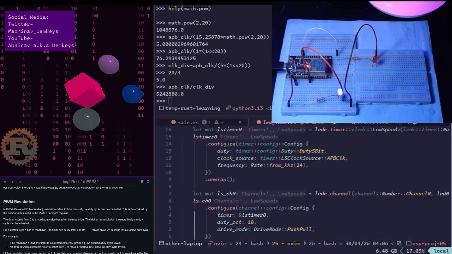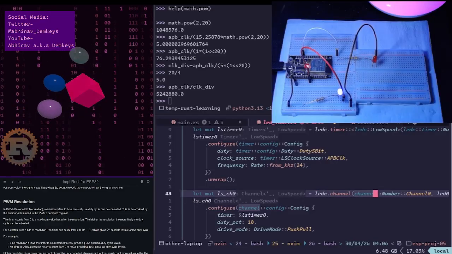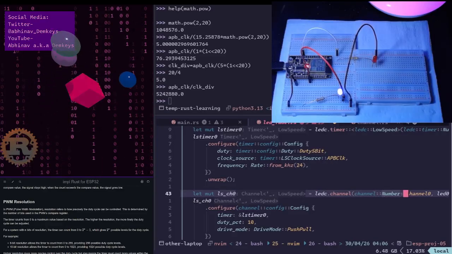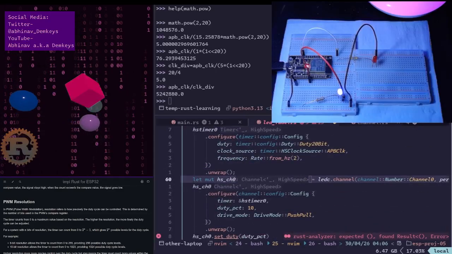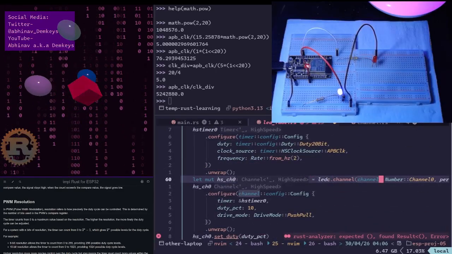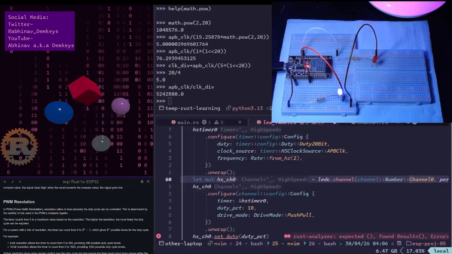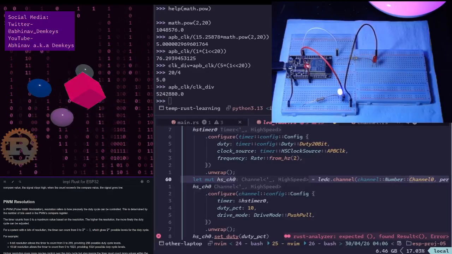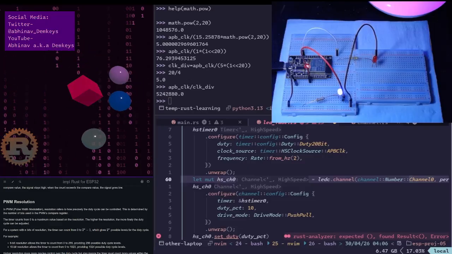So if we look here in ls channel, we are using channel.number.channel0, right? In hs channel, we're using the same channel.number. Number is the enum, and also channel 0. So I was wondering, like, how are we able to use this? But it turns out it's because of this.